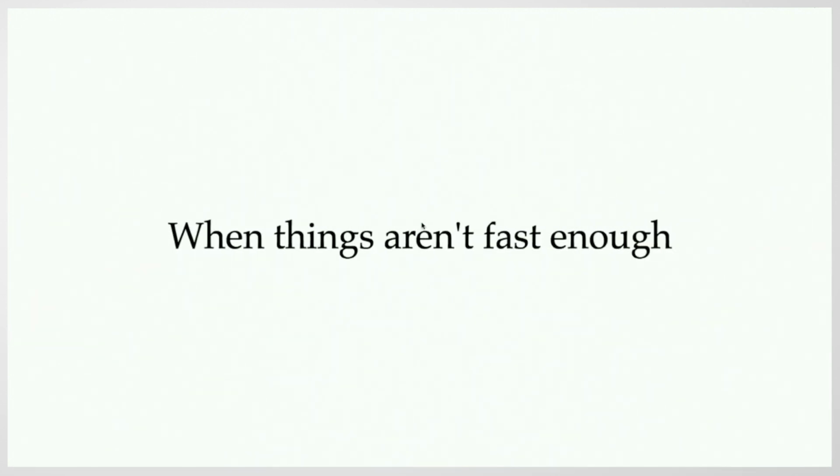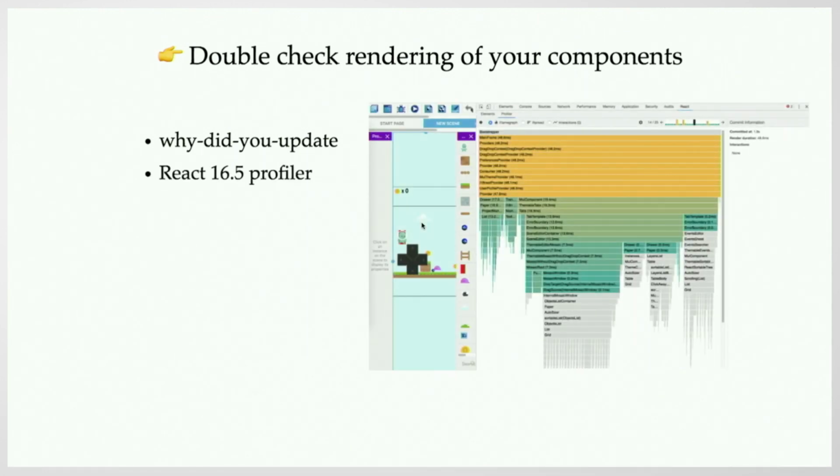Sometimes things are not fast enough, and the first thing that can happen is that your components are too slow to render, so it feels a bit webbish again. So here, what I've done is first to use Why Did You Update, which was quite useful to see what components were rendering where they were not supposed to. But now we have a profiler in React, and using this profiler, it's really easy to see, using the cloud area, that something is being rendered while it's not supposed to.